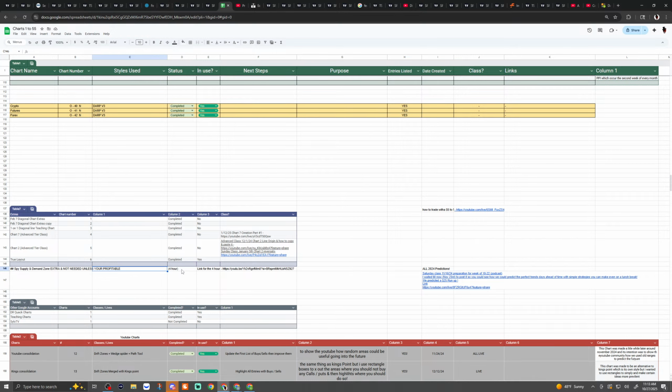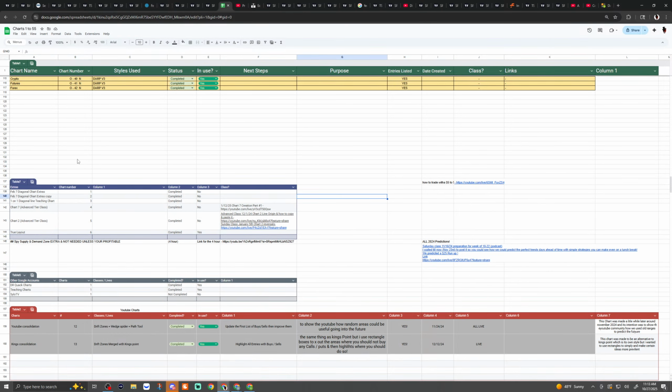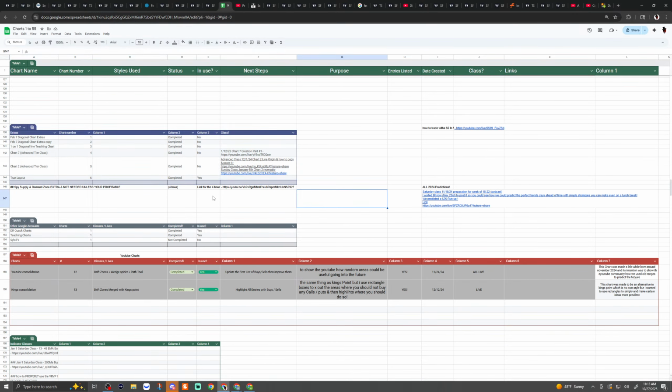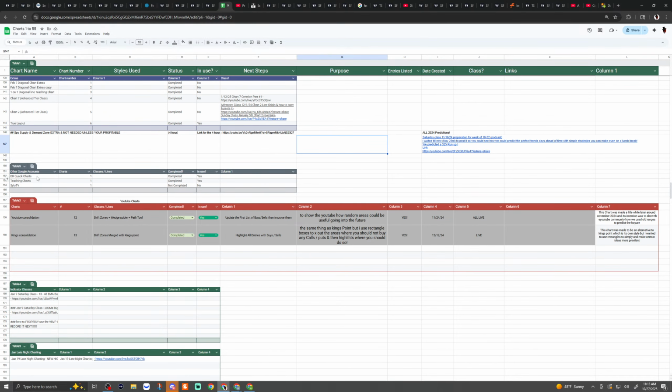Extra not needed unless you're profitable 4 hour. Link for the 4 hour. Oh yeah, and this is all the silo fibs, like all of our special classes. I keep them here, like for the teachers, but I still gotta fill them in. And then we have all of our other accounts. I actually have to add the new account that we had here.